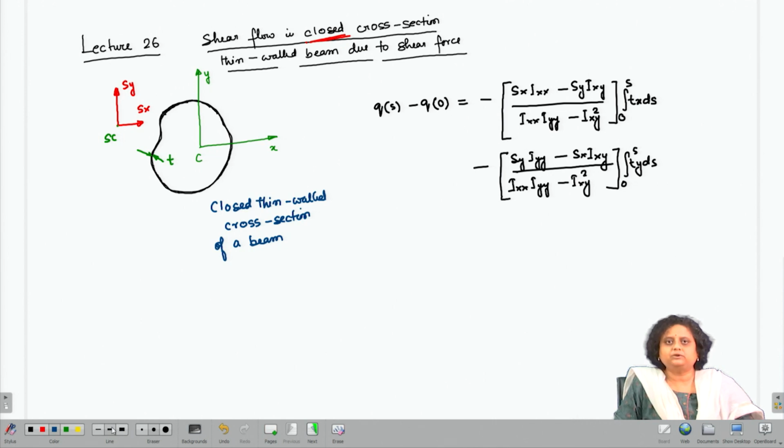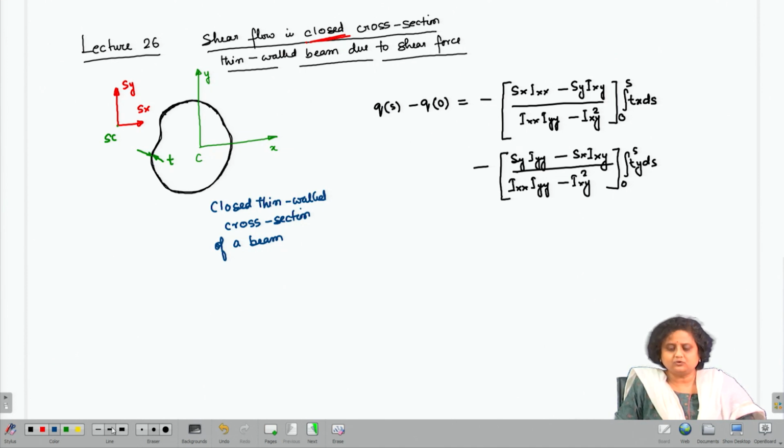Let us assume that the cross section has a thickness t, which is small compared to the other dimensions of the cross section. C is the centroid and x and y are the centroidal axes in the plane of the cross section. Now, Sx and Sy are the shear forces applied in the x and y directions.